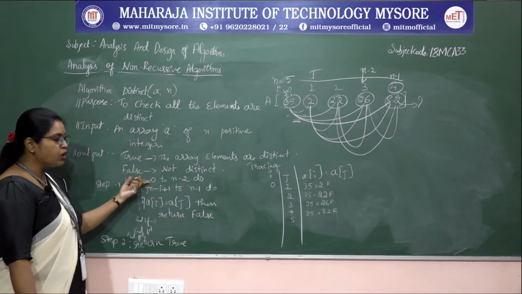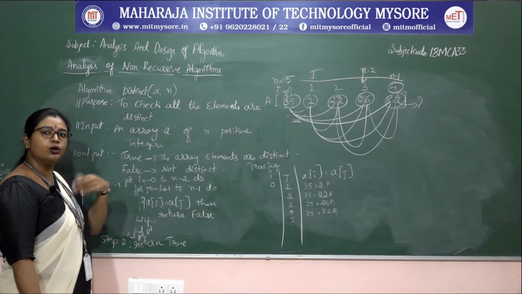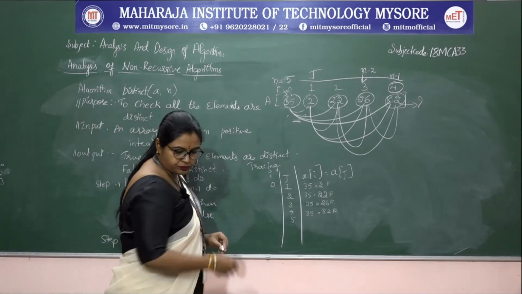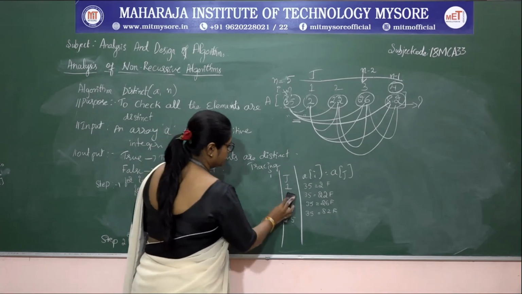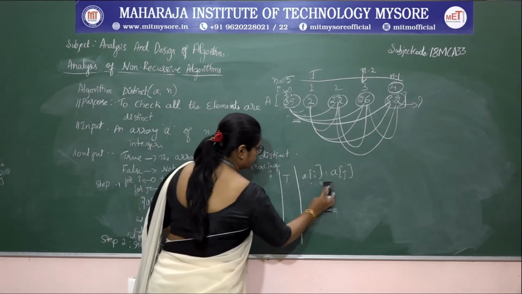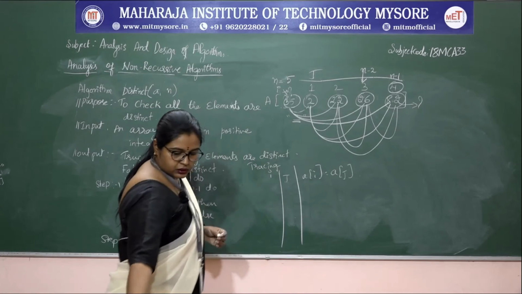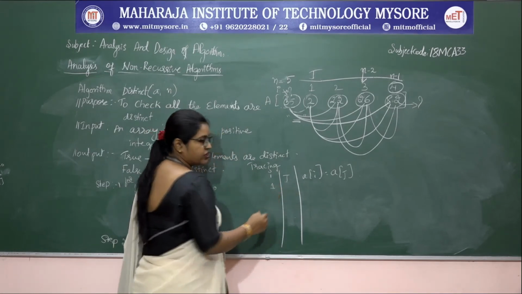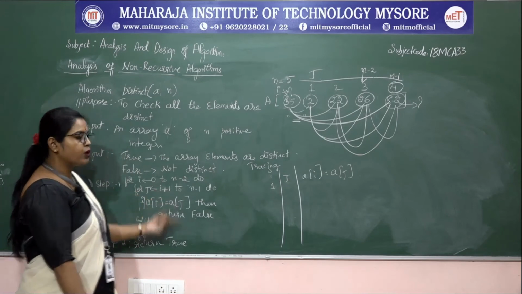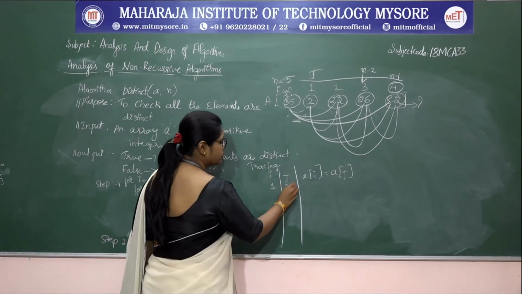So now i was 0, now it is incremented to 1. i is 1. So j should start from what? i plus 1. That means j is 2.